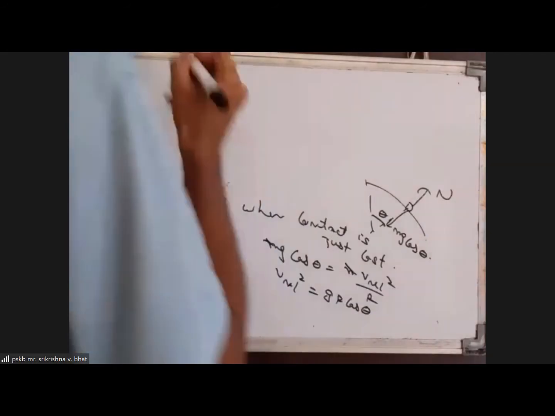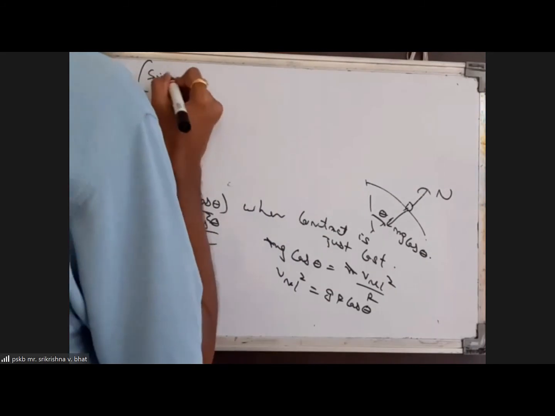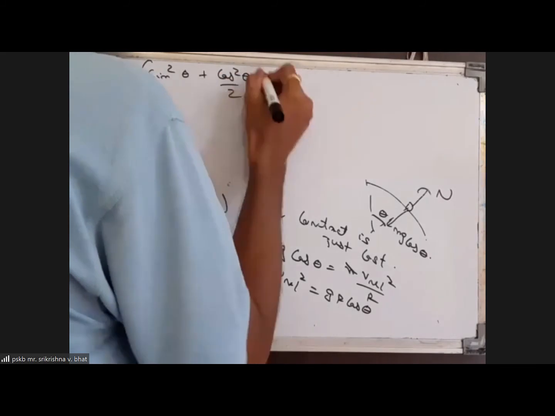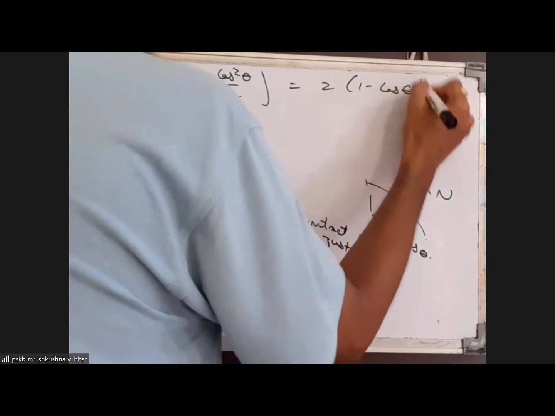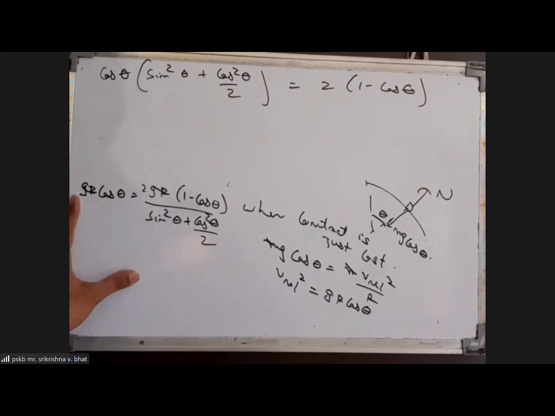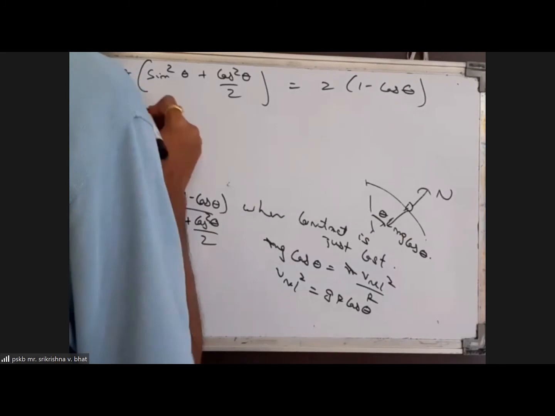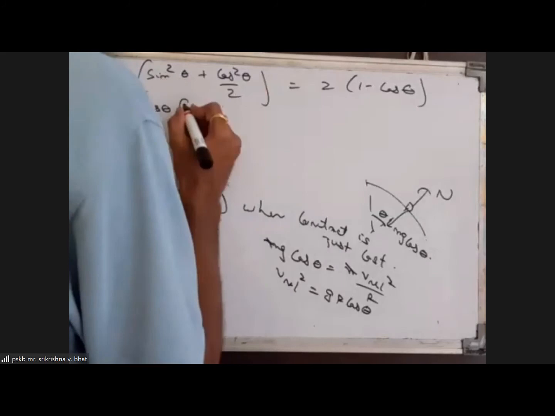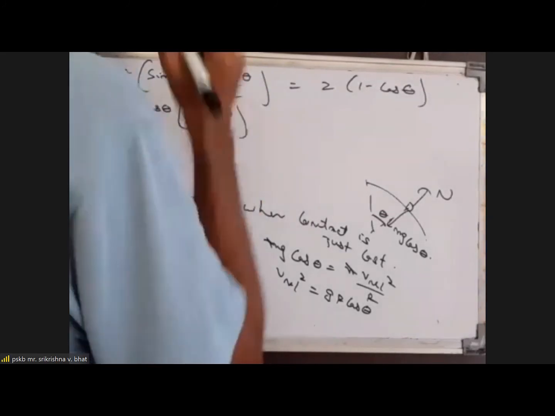Okay, so this comes out to be equal to cos theta into (sin square theta plus cos square theta by 2). That is equal to 2 into (1 minus cos theta). So we get cos theta into, if we simplify this, 1 minus cos square theta by 2.